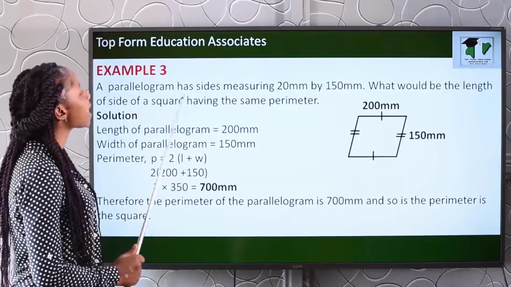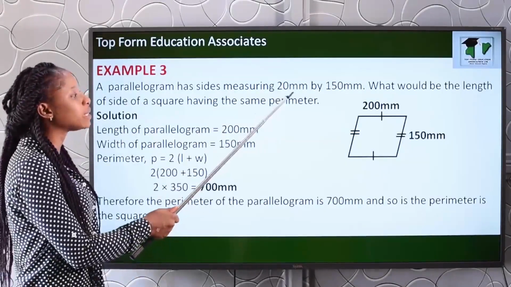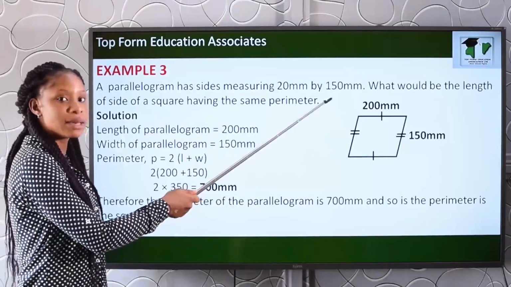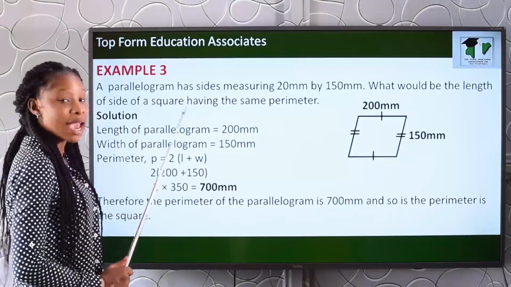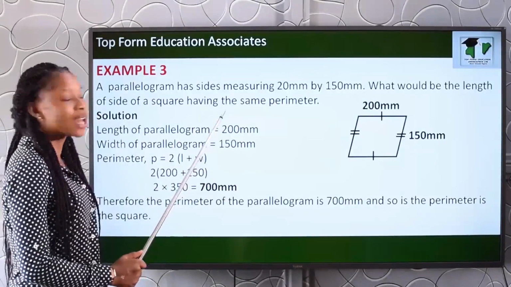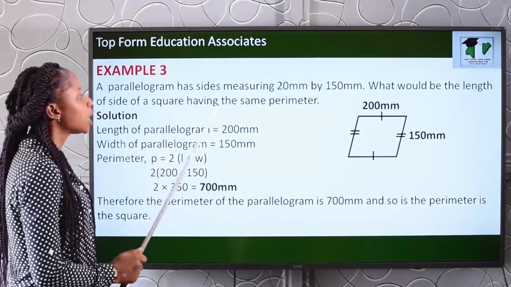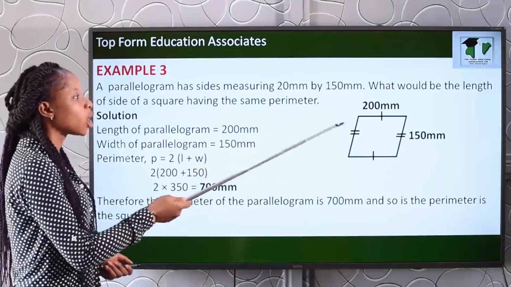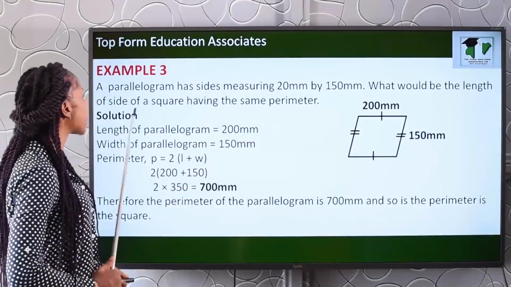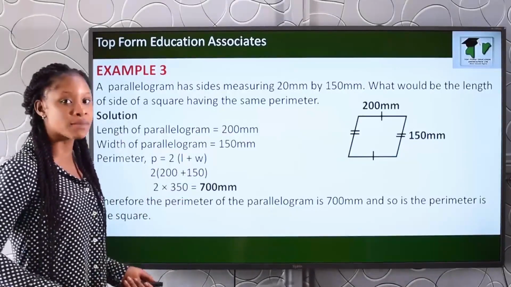A parallelogram has sides measuring 200 millimeters by 150 millimeters. What will be the length of a side of a square having the same perimeter? Now look at this question very carefully. We said that the parallelogram has sides measuring this by this. What will be the length of the side of a square having the same perimeter?